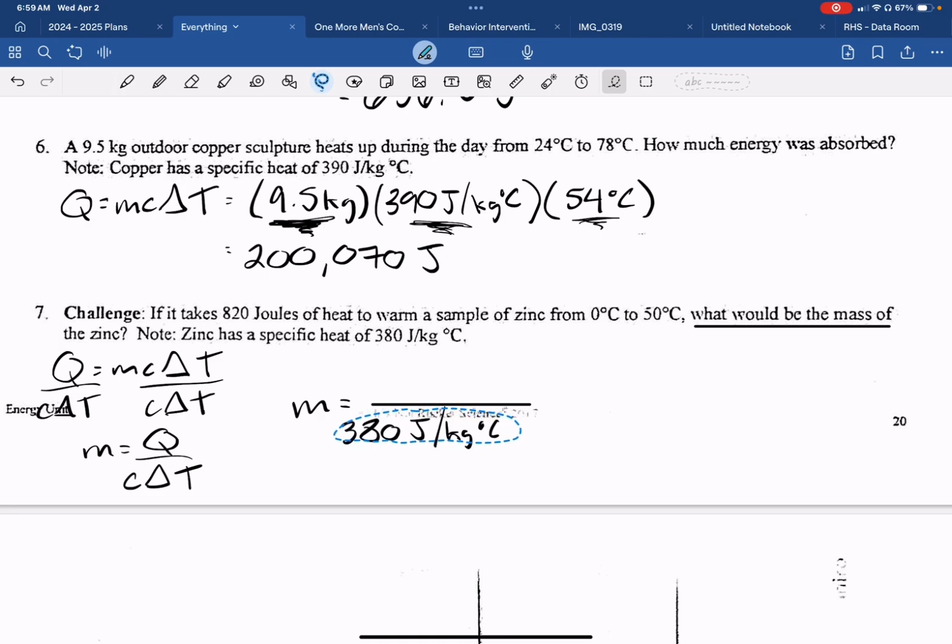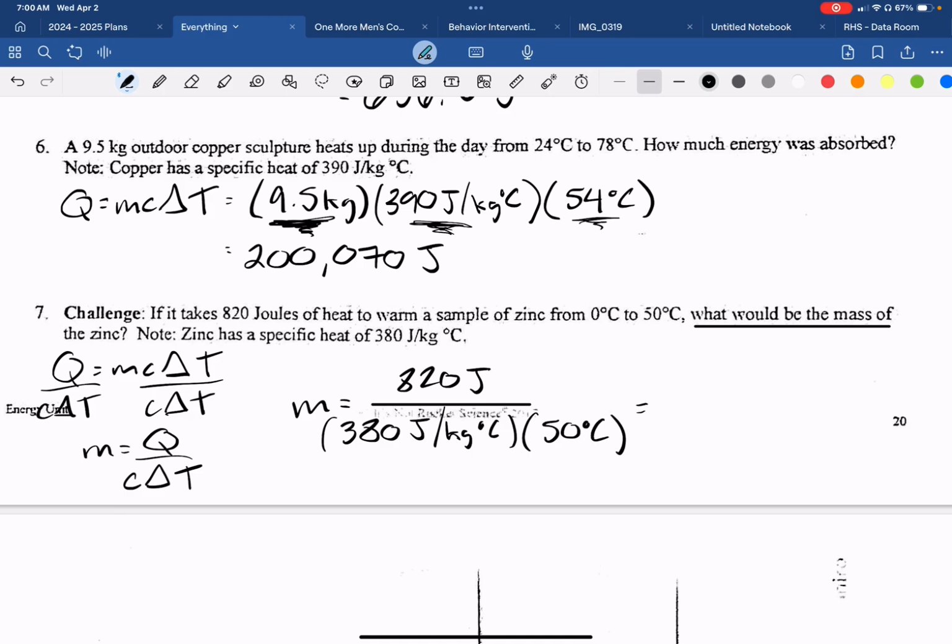This is your specific heat constant. The Q, or the amount of joules used here, is 820. And the amount that we're heating this up, the temperature change, is going to be 50 degrees Celsius, positive 50 degrees Celsius, because it's heating up, right?